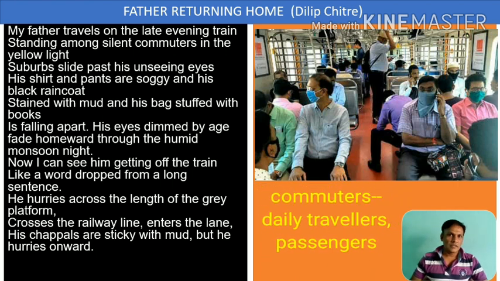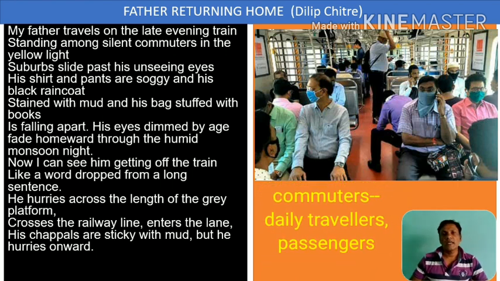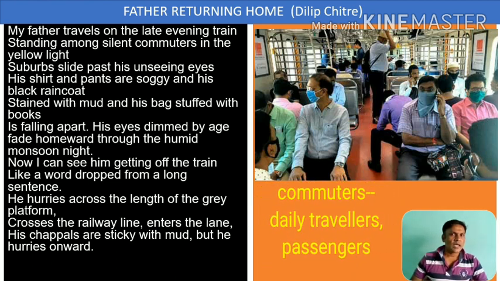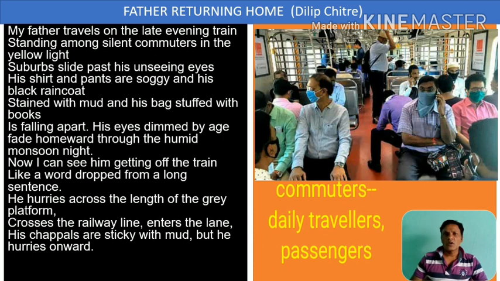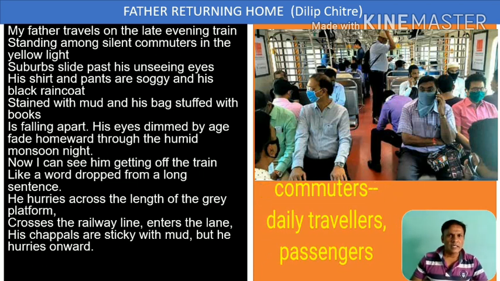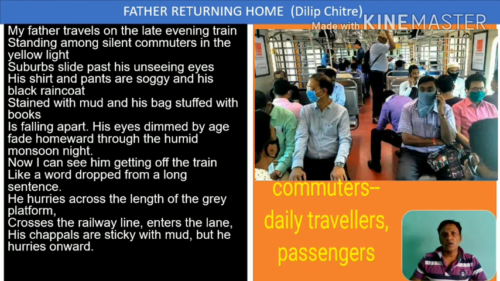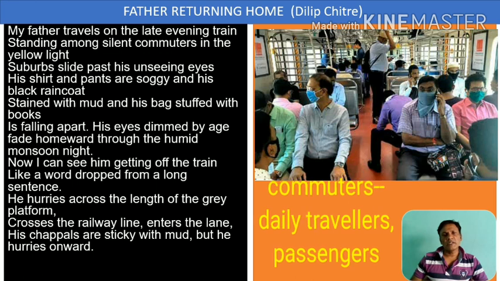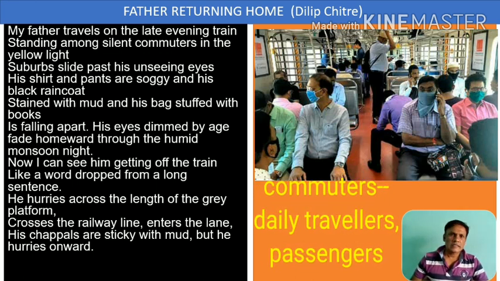The commuters in the train, the passengers in the train also are silent commuters. They are not friendly enough to have conversation with the father of the poet. They are so wrapped in their own tensions, in their own worries and cares, that they do not think about old persons like the father of the poet.